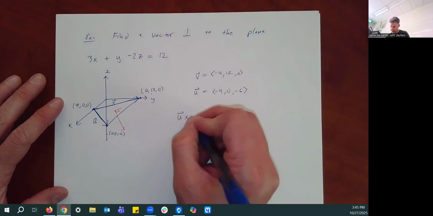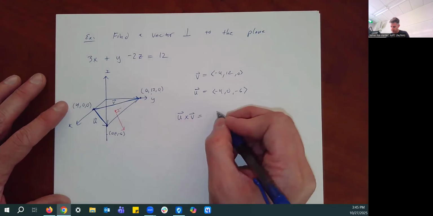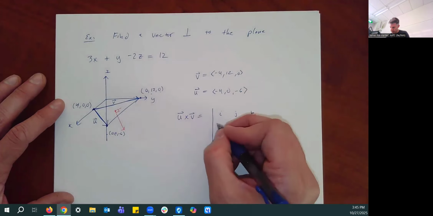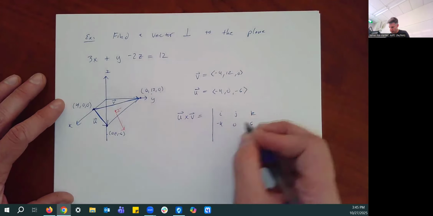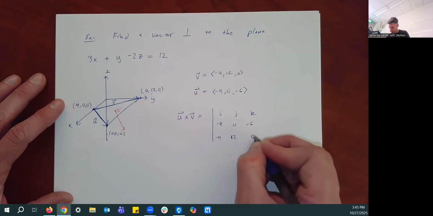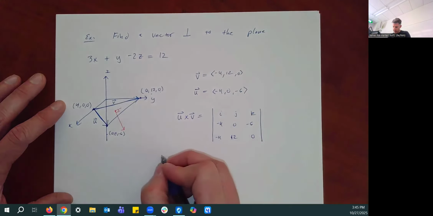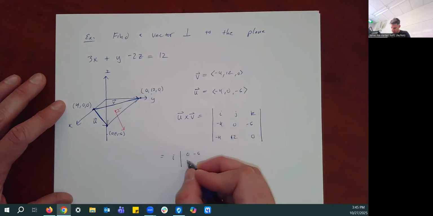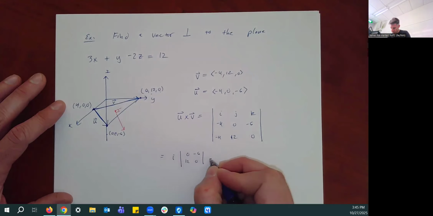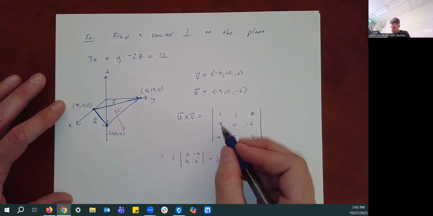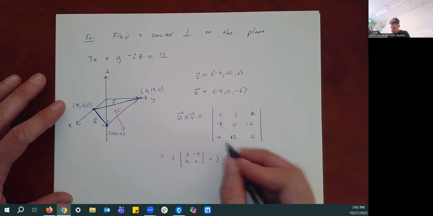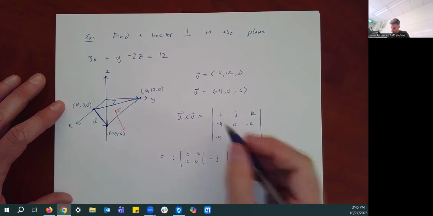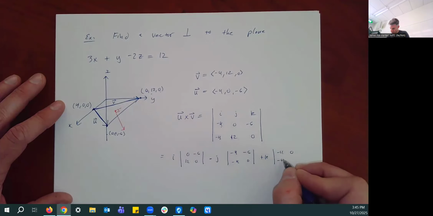So u cross v is going to equal the determinant of this matrix: i, j, k, then -4, 0, -6, and then -4, 12, 0. So we're going to end up getting i times the determinant of (0, -6; 12, 0), minus j times the determinant of (-4, -6; -4, 0), and finally plus k times the determinant of (-4, 0; -4, 12).